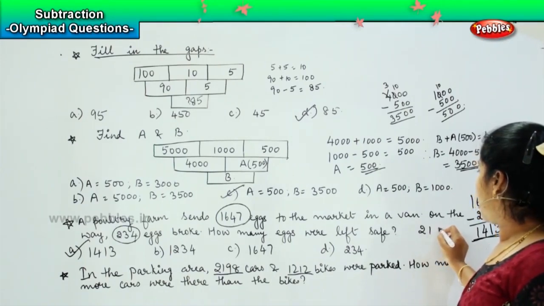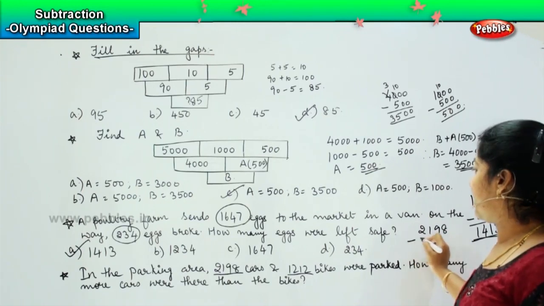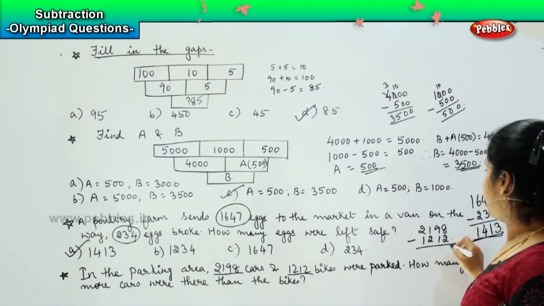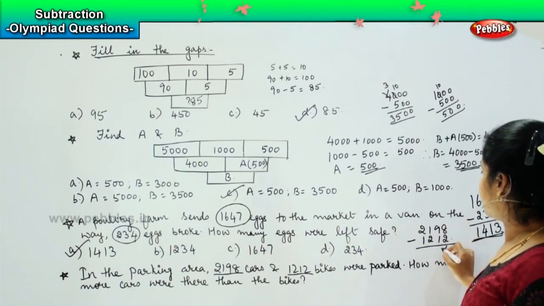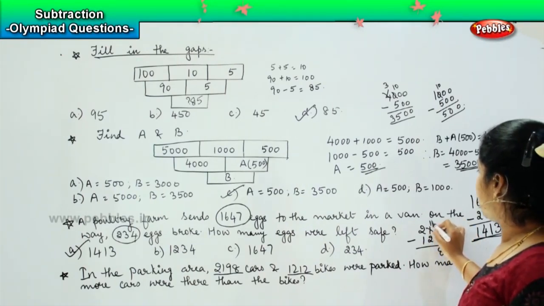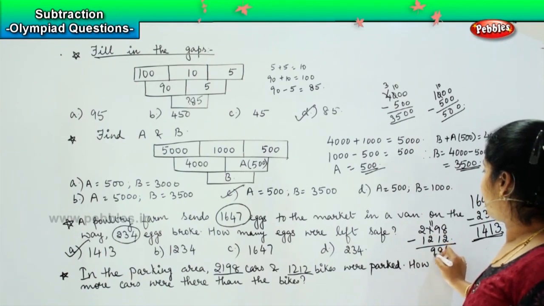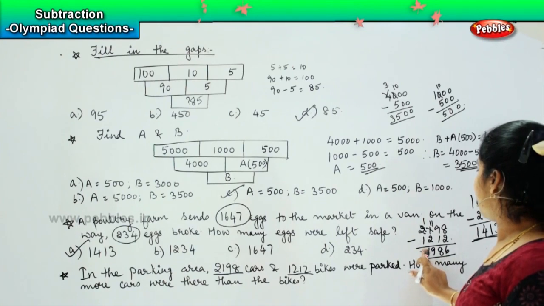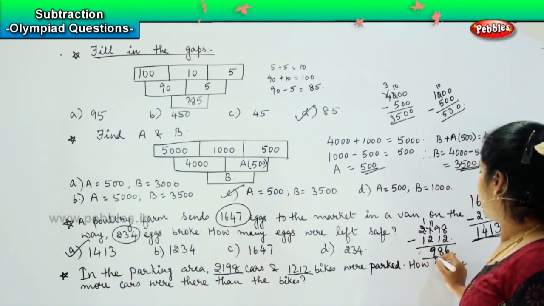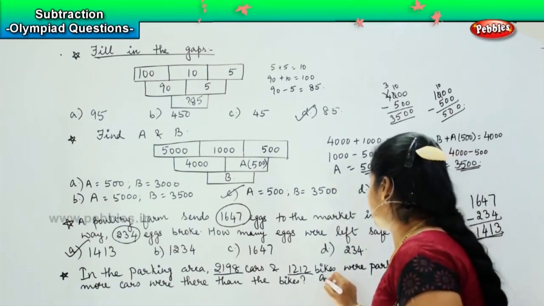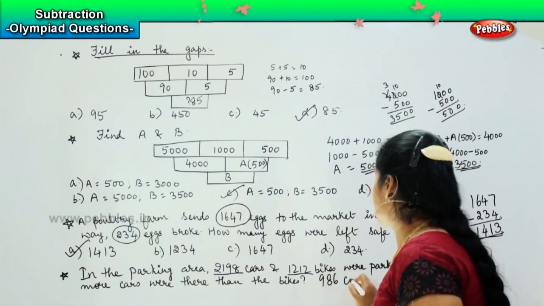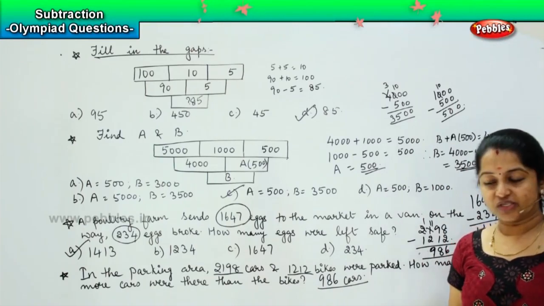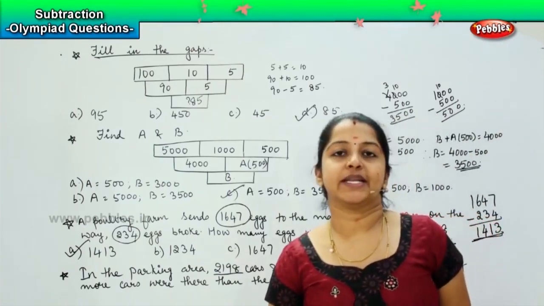So 2198 minus 1212. So 8 minus 2 is 6, 9 minus 1 is 8 and 11 minus 2 is 9. So the answer is 986. Okay, so which means that 986 cars were more than the bikes. Clear, children? So shall we move ahead with the next question?